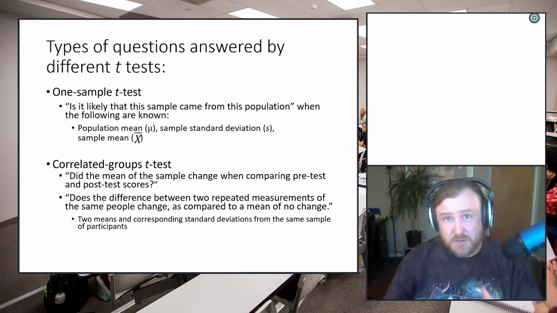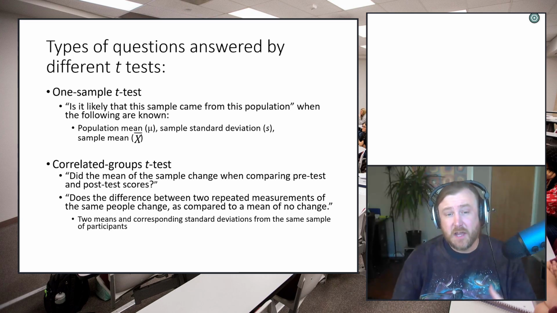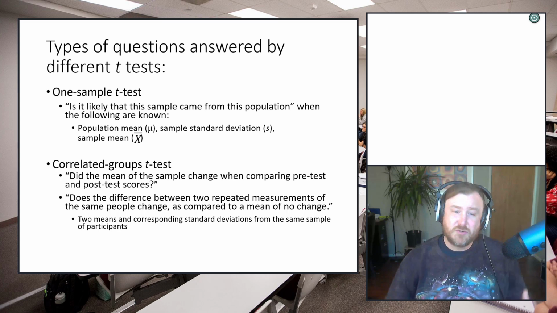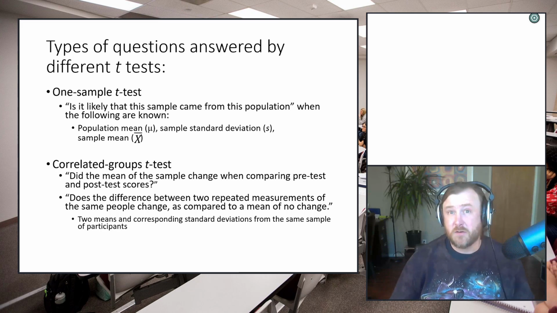The way you determine that you're going to be conducting a correlated groups t-test is when you know that each participant gets both levels of the IV. So essentially, a correlated groups t-test asks the question, did the mean of the sample change when comparing pre-test to post-test scores?